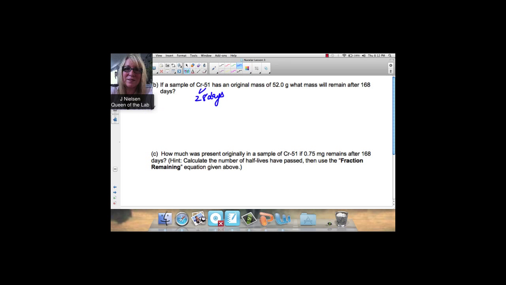And we just said that 168 days divided by 28 gave us 6 half-lives. So what mass will remain if I'm starting with 52 grams? This is going to decay 6 times.